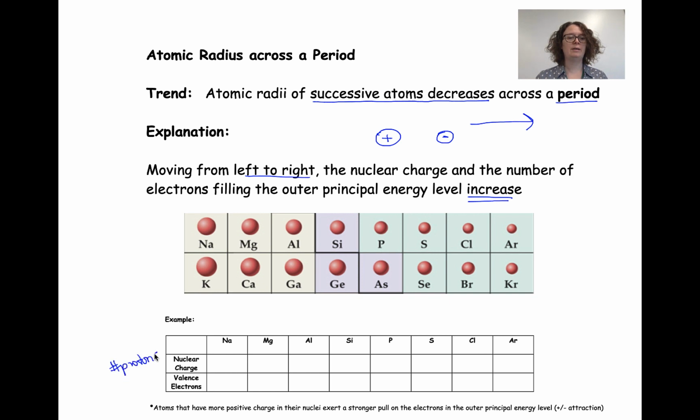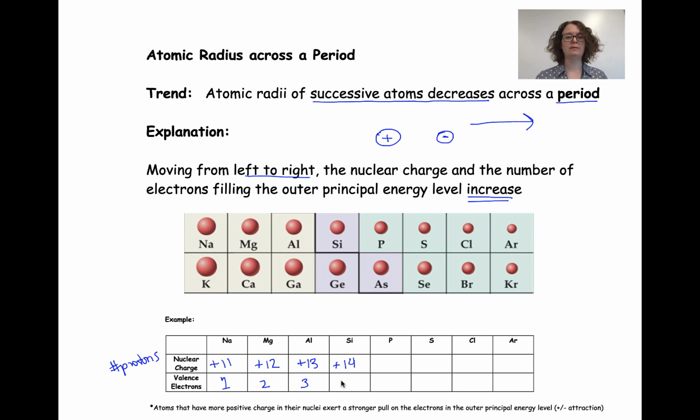or the atomic number. So for sodium, we have a nuclear charge of plus 11, and we have one valence electron. For magnesium, we have a charge of plus 12 in the nucleus and two valence electrons. Aluminum has a plus 13 and three valence electrons.